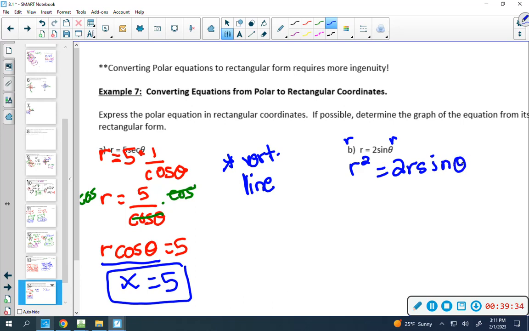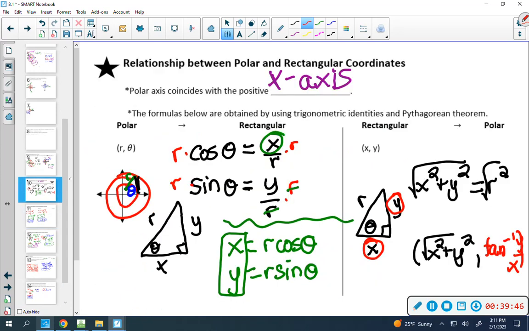Now, r squared, remember we found r squared on our right triangle with the Pythagorean theorem. If we go back and look at our converting here, r squared is x squared plus y squared. So I'm like, oh, okay, well, I like that.